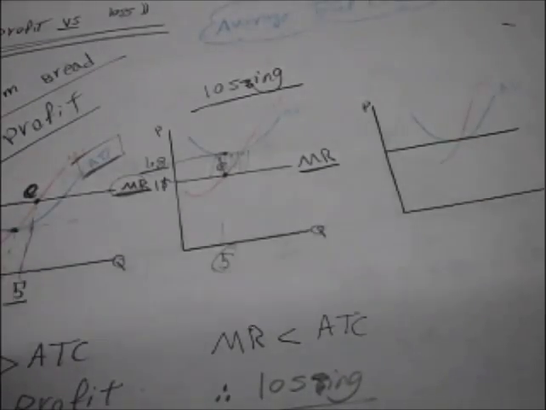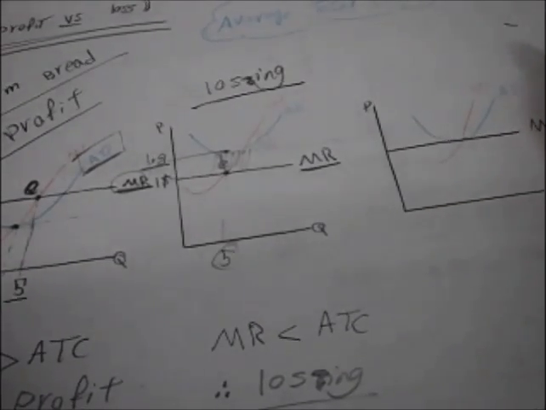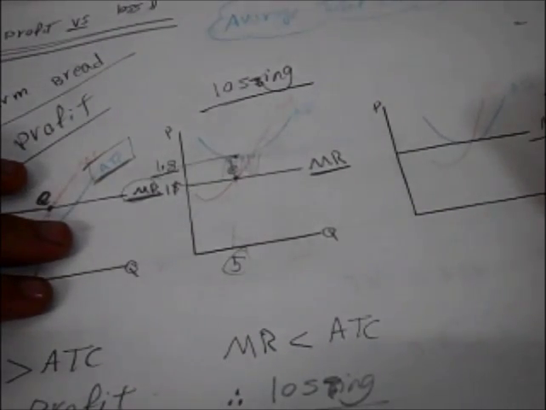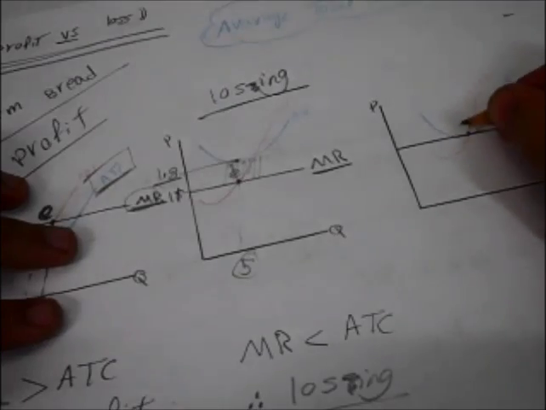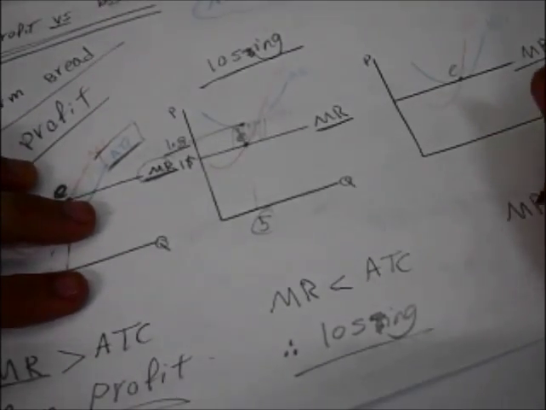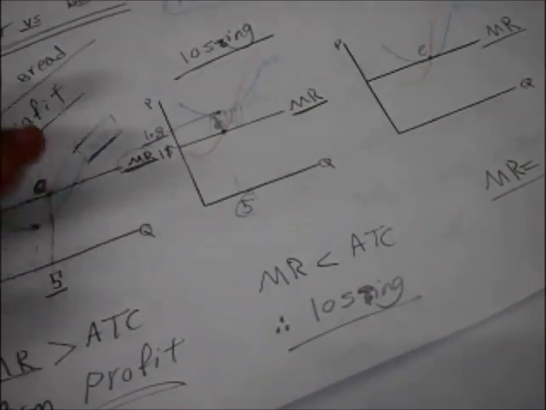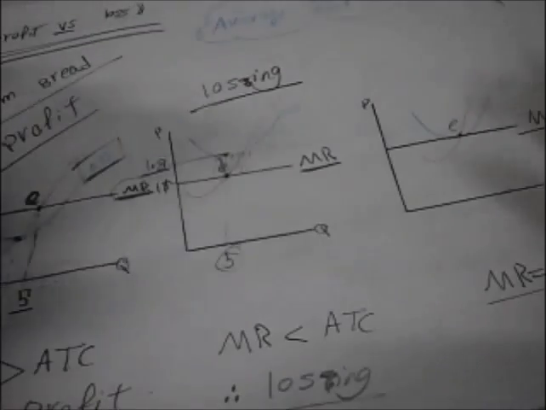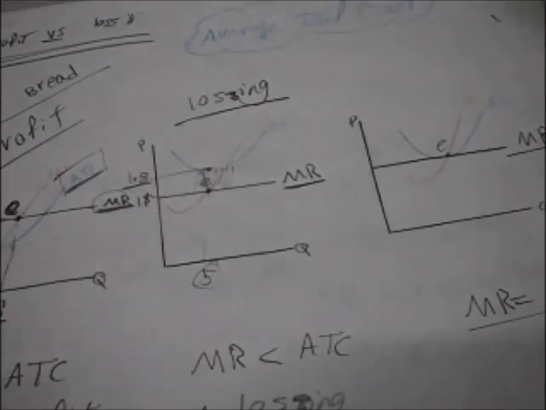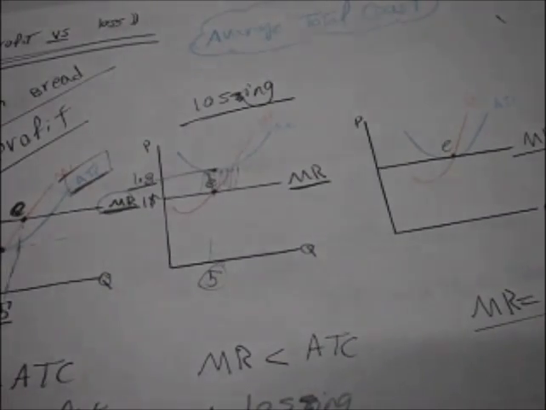Okay, the third scenario, which follows logically: the average total cost equals the marginal revenues, and here's the point of equilibrium. So the marginal revenues equal the average total cost. What do you think will happen? What this firm gets is exactly the same as what it pays.